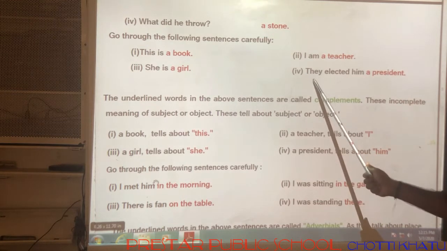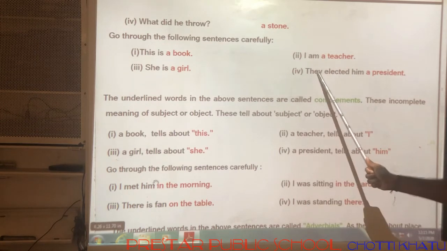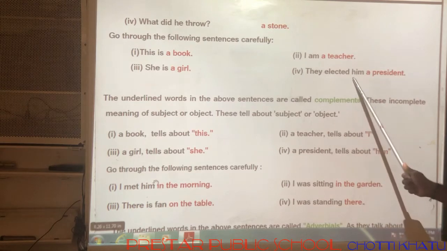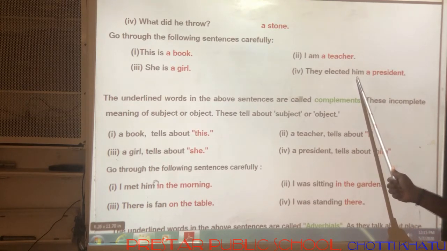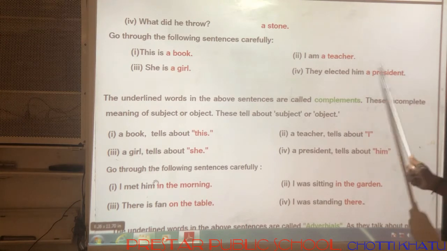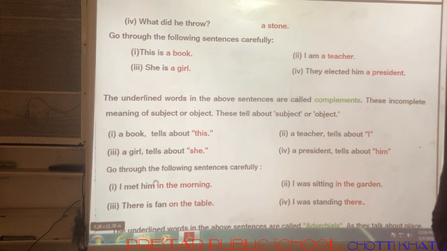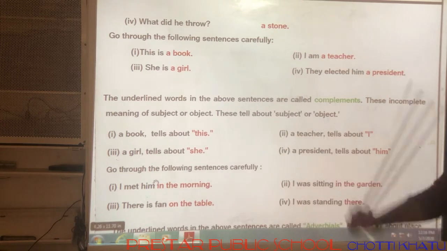The person who is doing the work or the action is called the subject. And on whom is the action going on? On the word "him". So this is called the object, and the word which tells about either the subject or object is called a complement. It means the word which gives the perfect meaning to a sentence is called a complement.